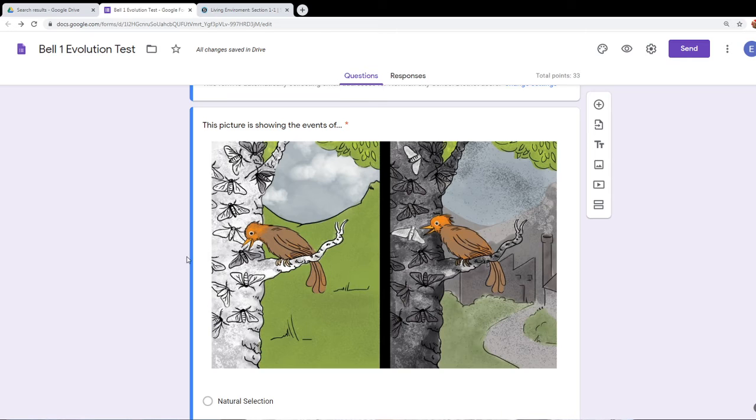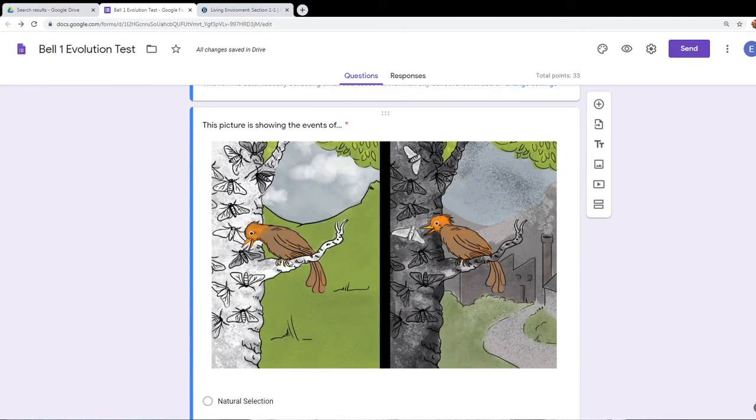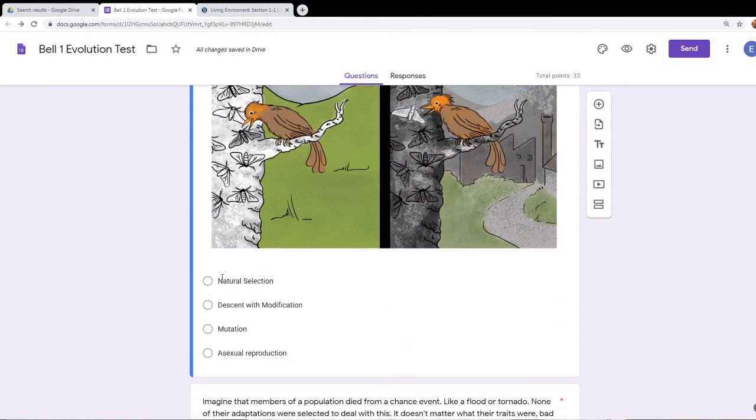So, is this an example of natural selection, descent with modification, mutation, or asexual reproduction? So the bird eating the dark moths on the light tree and then later on eating the light moths on the dark tree. Would that be natural selection, descent with modification, mutation, or asexual reproduction?